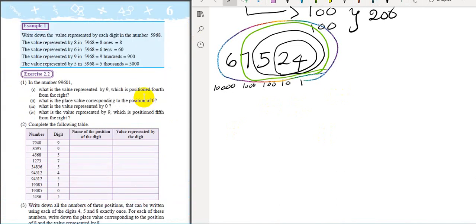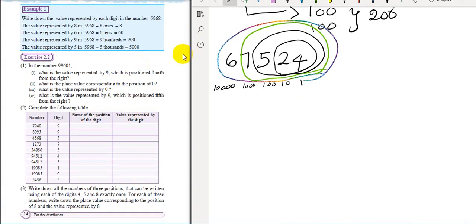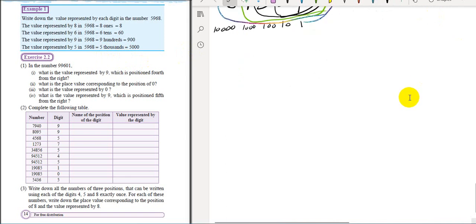Then directly we'll go to this example. Write down the value represented by each digit in the number 5968 they have given. Here, how many ones are there? 8 ones, so we call it 8.